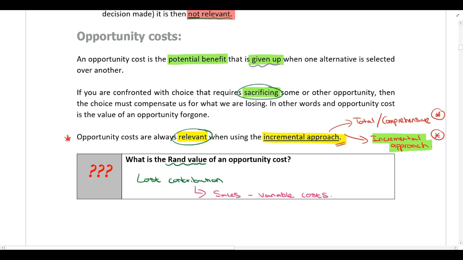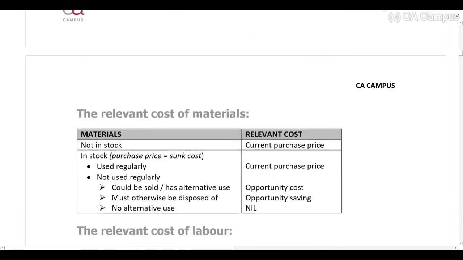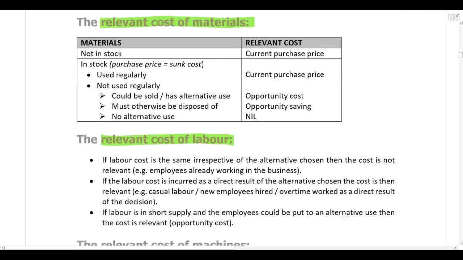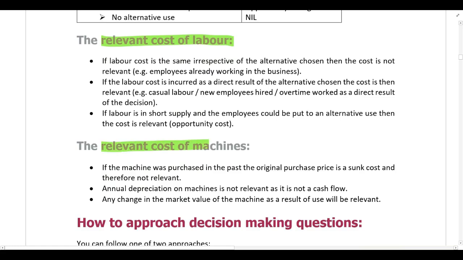And if we are doing our calculation using the incremental approach, we will take the rand value of the opportunity cost into account because it is relevant when we are using the incremental approach. Then we need to look at how you determine what the relevant cost of materials are, the relevant cost of labor, and the relevant cost of machines.